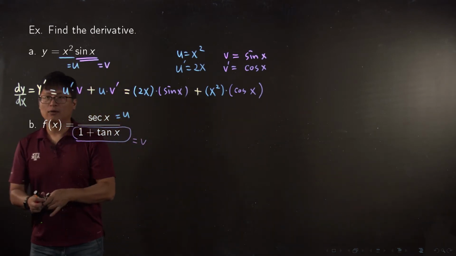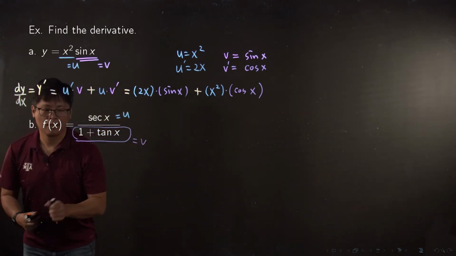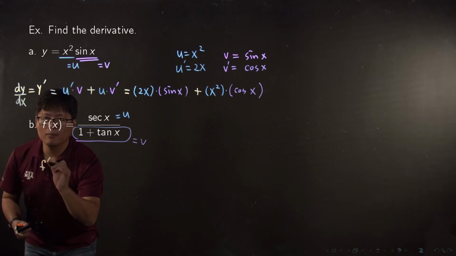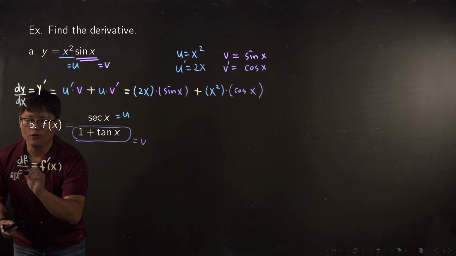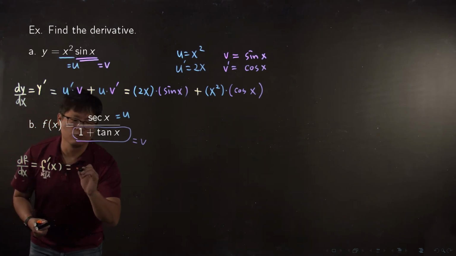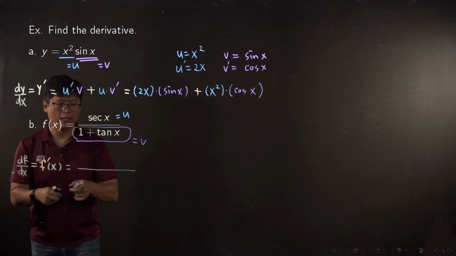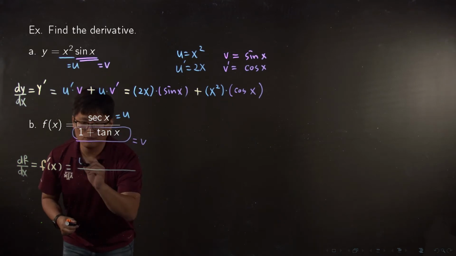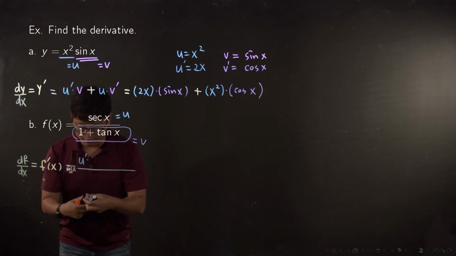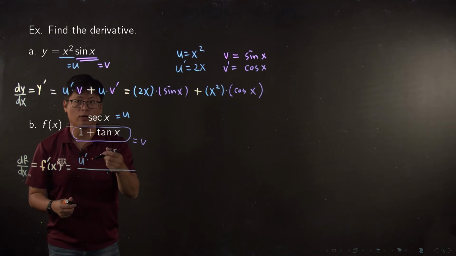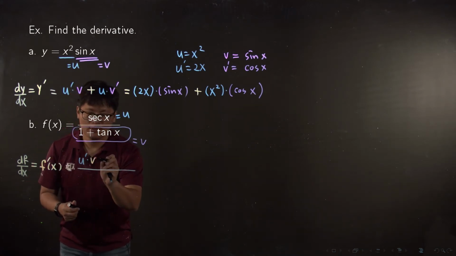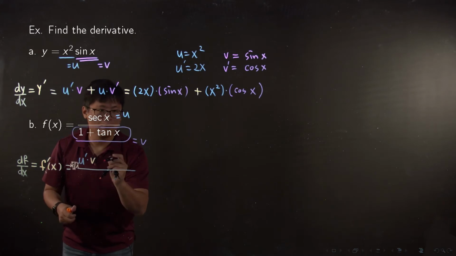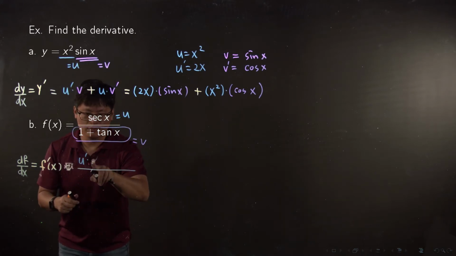Quotient rule: f prime of x, or df over dx, is equal to a big fraction. The first one is u prime times v, like from high school you learned the up prime, down something. And I use the red one instead.